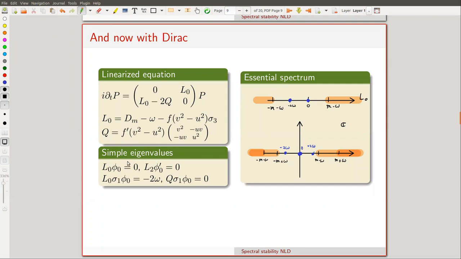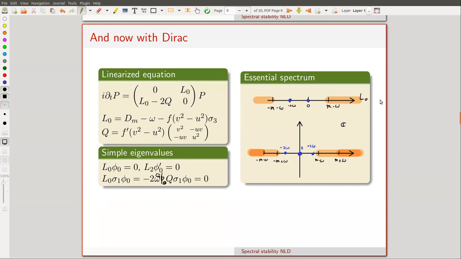You also have the same eigenvalues associated to U1 symmetry and translations. And then you have another one by some kind of spinor magic, for both L0 and L0 minus 2Q. Here a phi 0 is missing, which is sigma 1 times phi 0, associated to minus 2 omega.